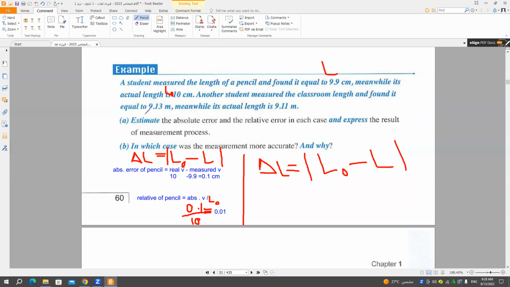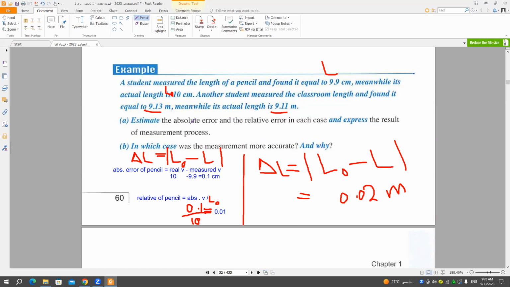The actual value equals 9.11 and the measured value equals 9.13, so the difference between these values equals 0.02. Does it have a unit or not? The absolute error has a unit. Excellent. The unit is the same as that of the physical quantity, the length, in meters. So it is 0.02 meters.